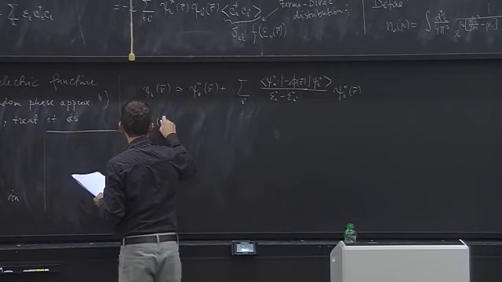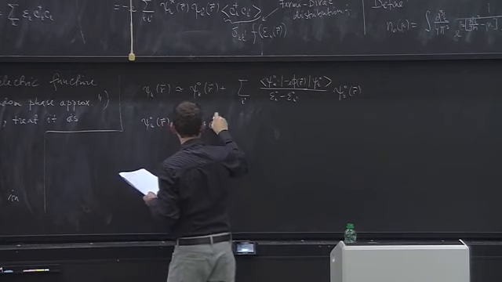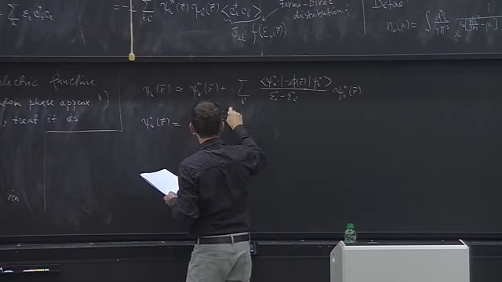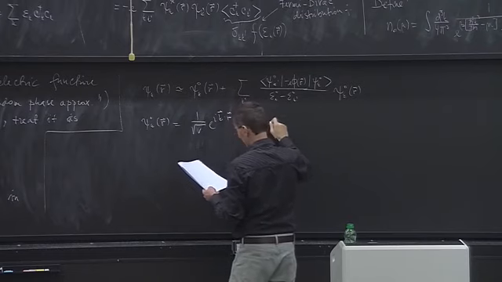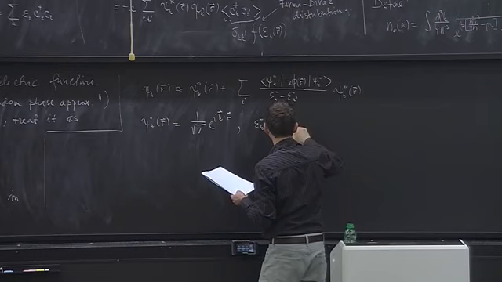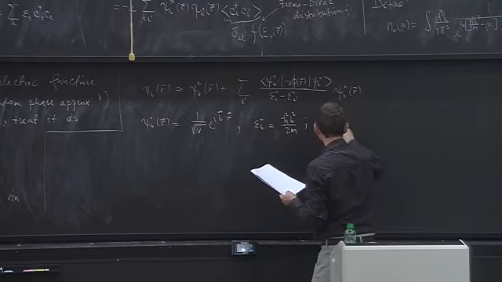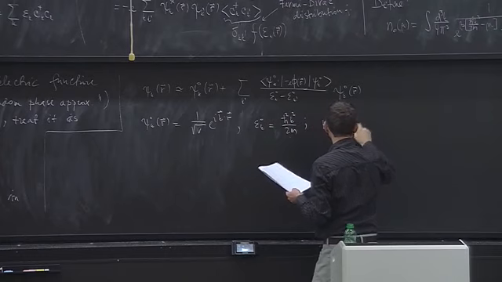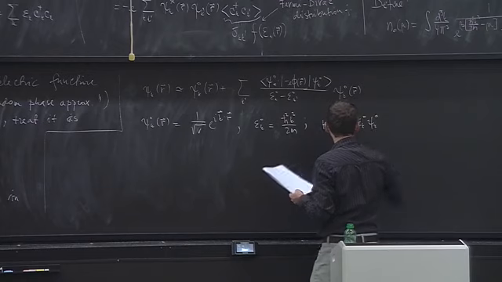Psi k naught of R is just 1 over square root of V, e to the i k dot R, and epsilon k naught is h bar squared k squared over 2m, and it holds that H naught psi k naught is equal to epsilon k naught psi k naught.